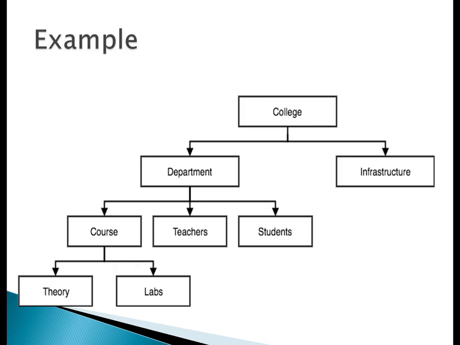Here, college is your root node. It is further divided into department and infrastructure. Department is further divided into courses, teachers, and students. Course is again subdivided into theory and labs. So this is tree-like structure. When your data is represented in such a fashion, it is called as hierarchical model.